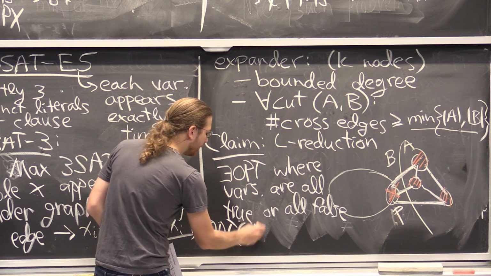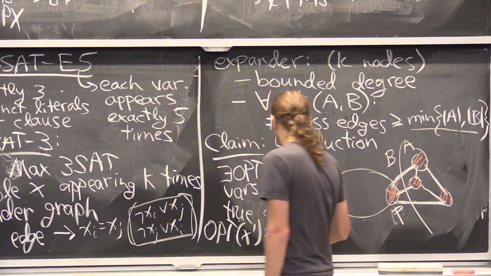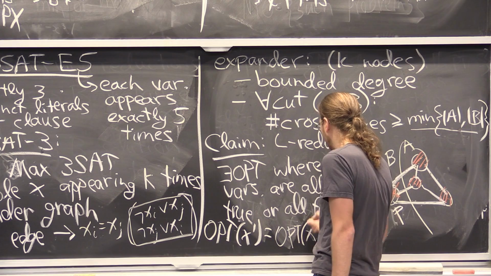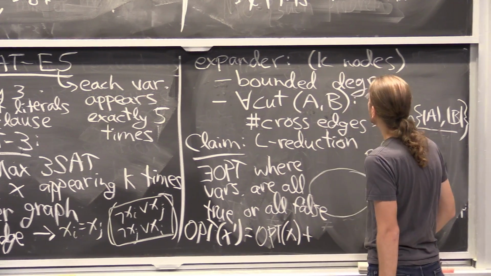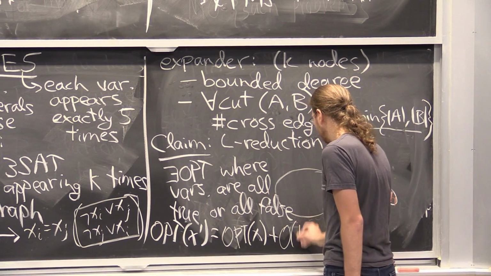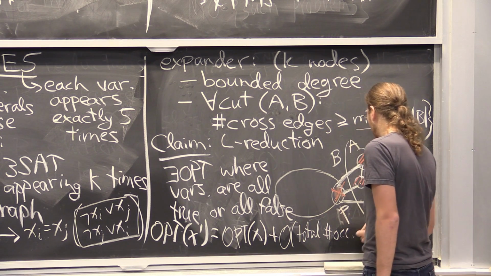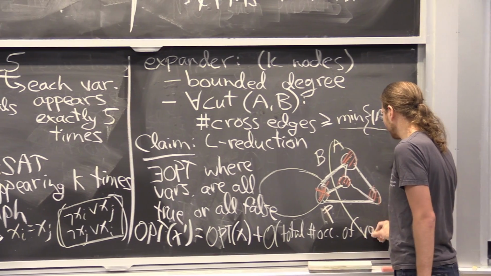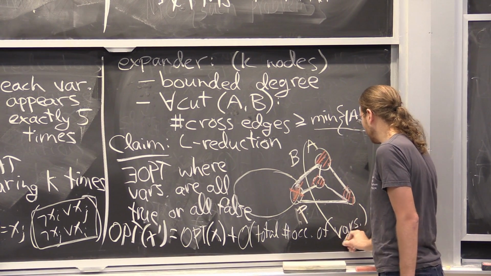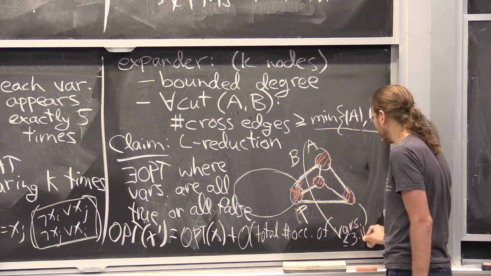Opt of x prime is going to equal opt of x plus order the total number of occurrences of all variables, which is at most 3 times the number of clauses.